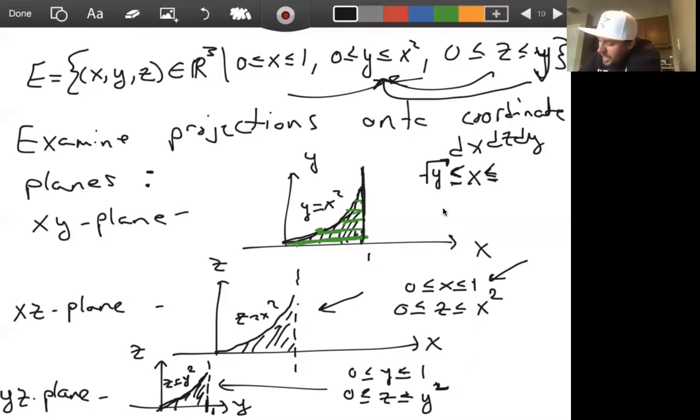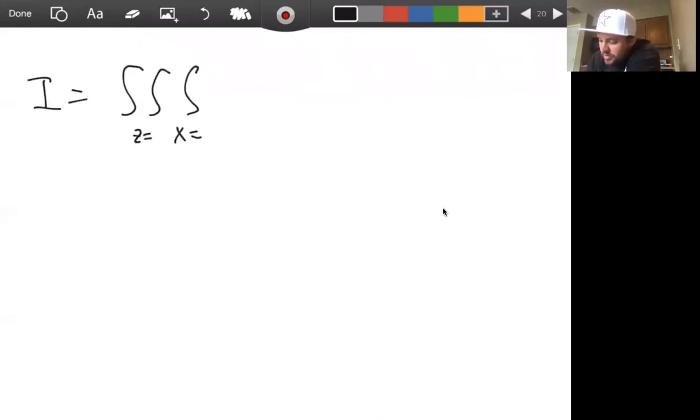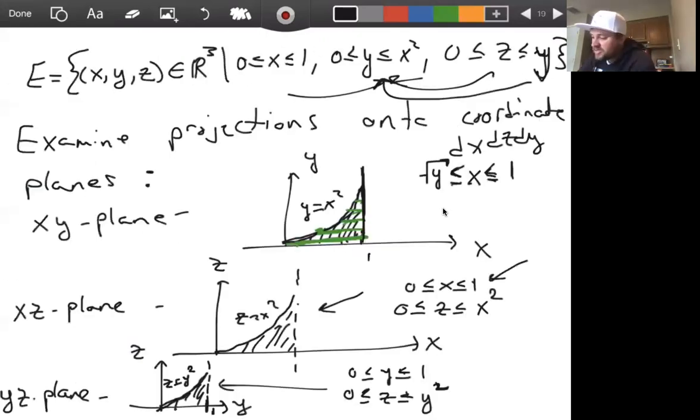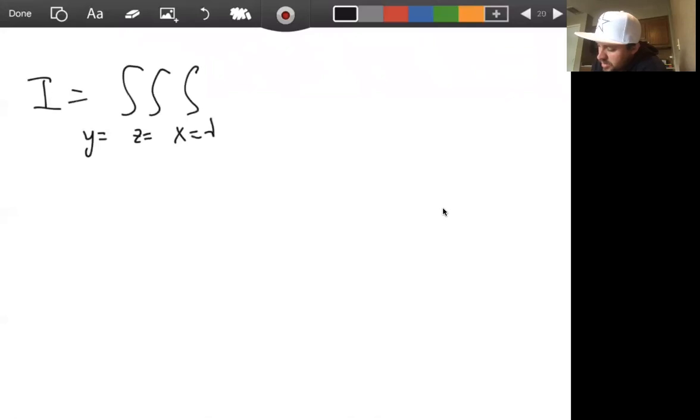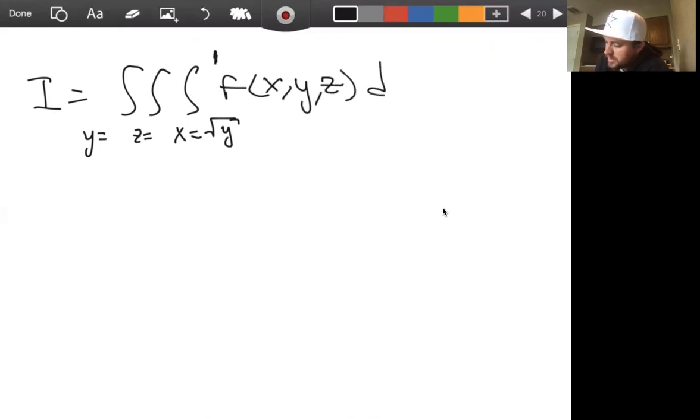We're ending at the constant line x equals 1. And so if we want to set up this integral, I'll just write I for the integral. We're starting with x first, and our x bounds are going from root y to 1. And again, this is f of x, y, z, and we want dx, dz, dy.